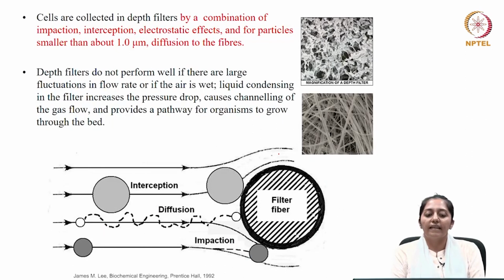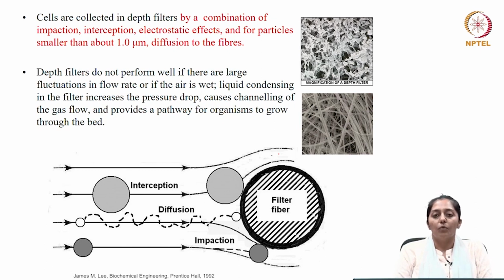So cells get collected in these depth filters by a combination of processes including impaction, interception and electrostatic effects, and for particles which are smaller than 1 micron, diffusion through the fibers.